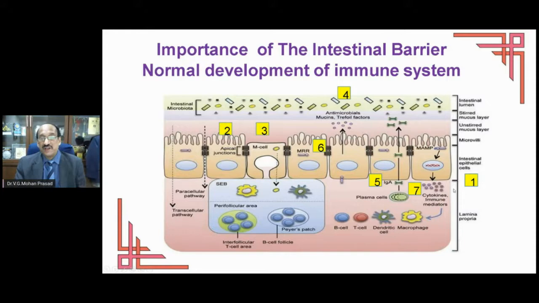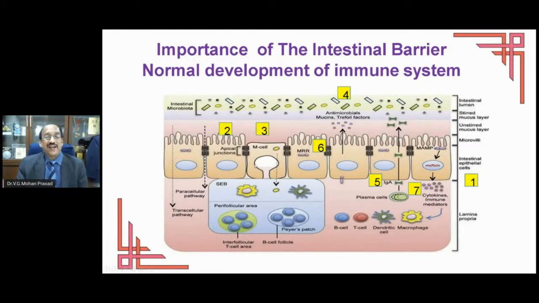Tight junctions are seen here, so that none of these bacteria can cross unless they know some paracellular pathways. Not all bacteria can cross, and even the bacterial products cannot all cross.